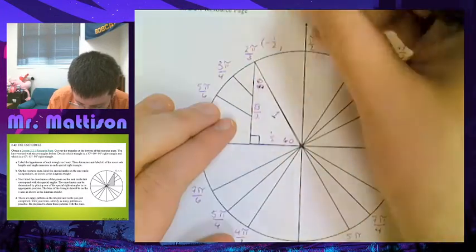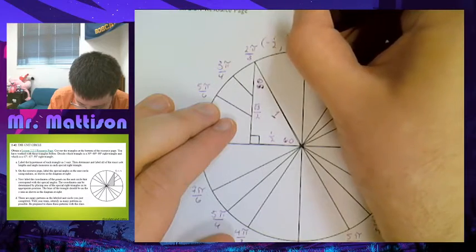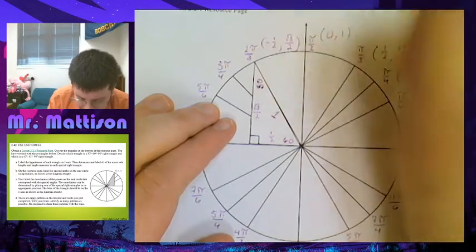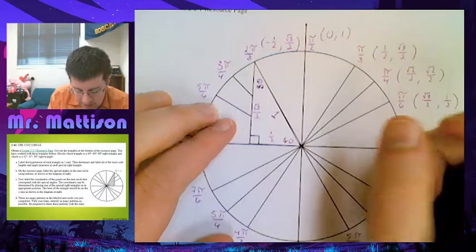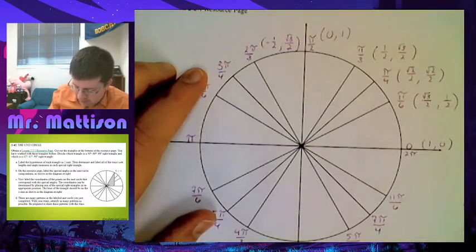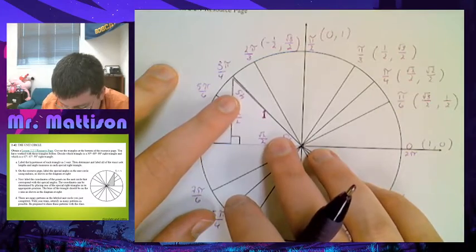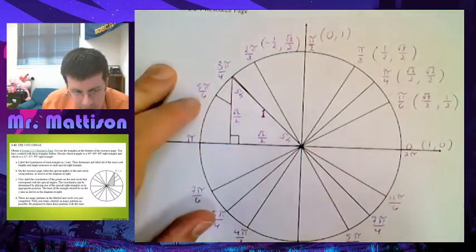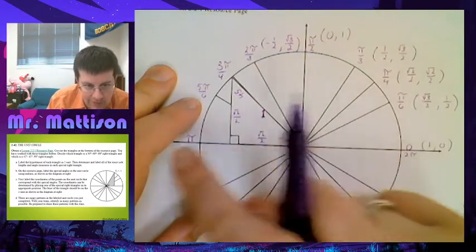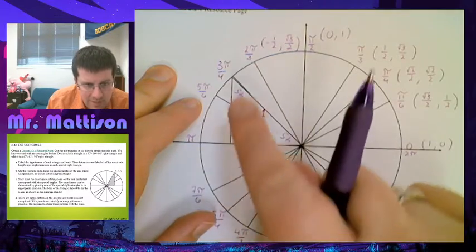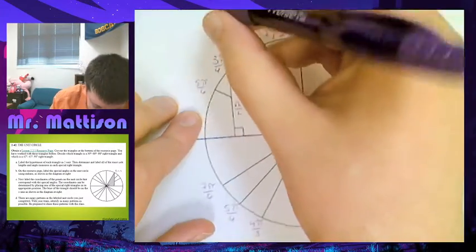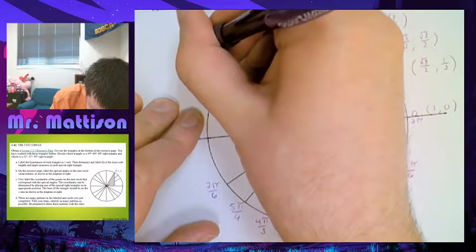My y value is still positive, so it's rad 3 over 2. Okay, and then over here, this is where I want my 45, 45, 90. Put it right there. So that's going to be negative rad 2 over 2, and then positive rad 2 over 2 for my y.